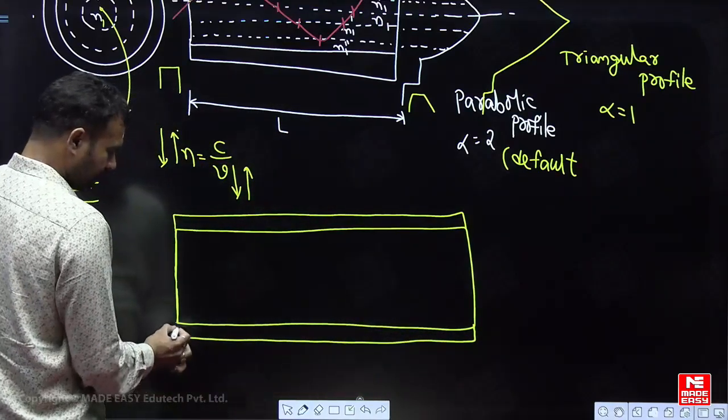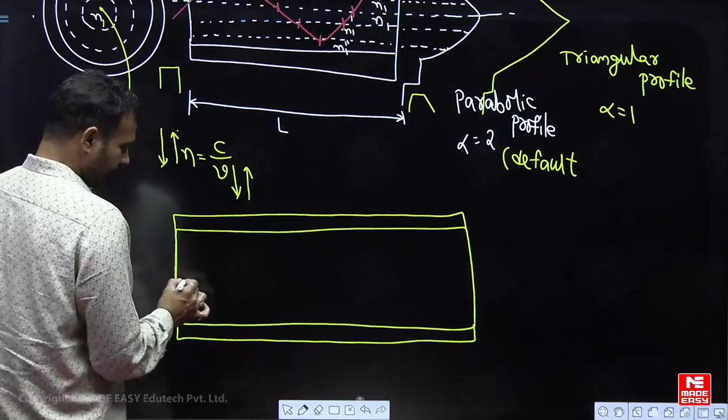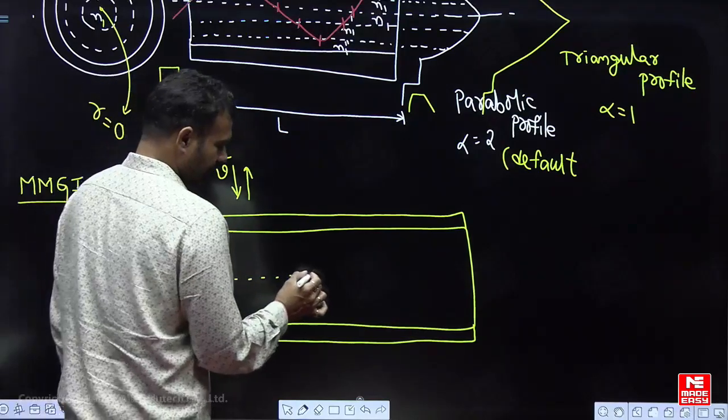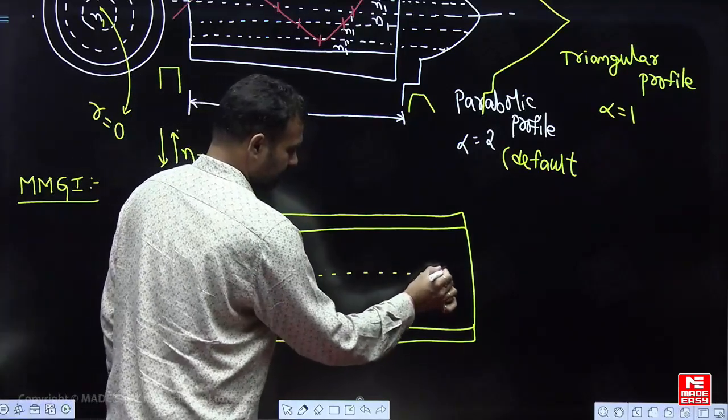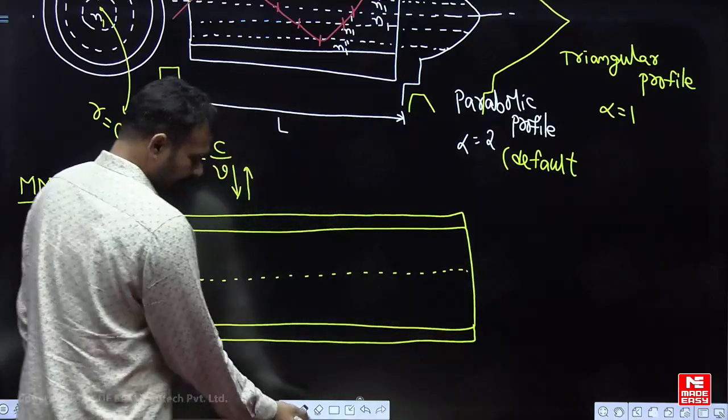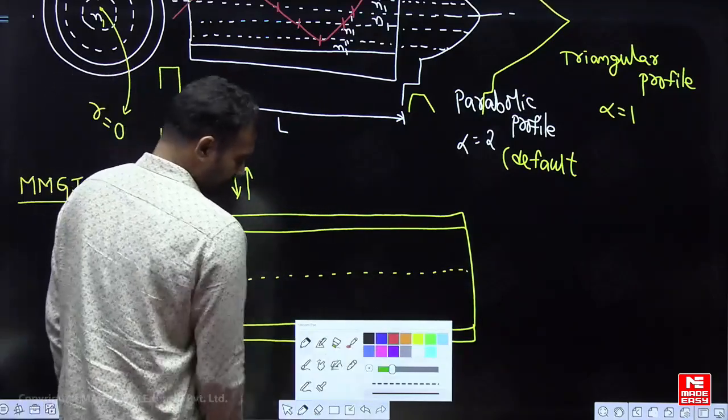This is core and this is clad. At the center the refractive index is very high. When moving to the edges, the refractive index is very less.